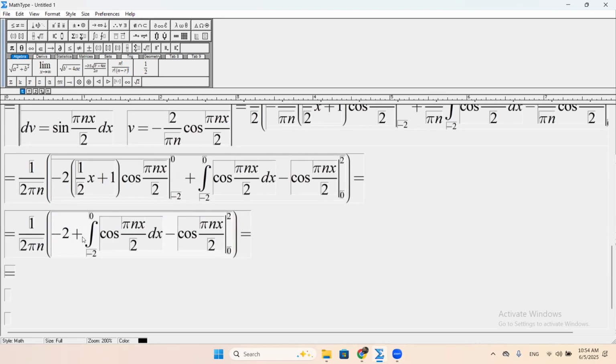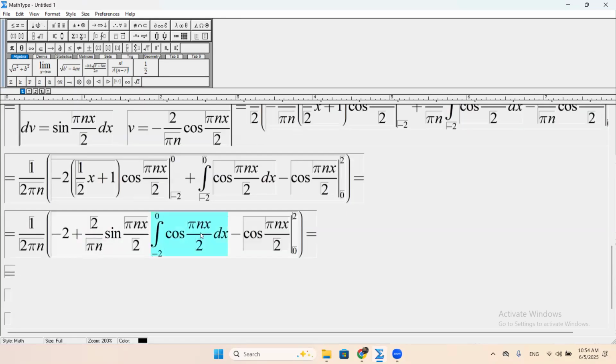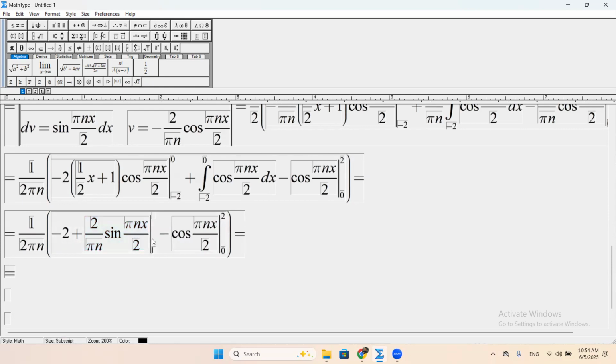What about this integral? It will be equal to 2 over pn sine of pnx over 2 with the substitutions from -2 to 0.